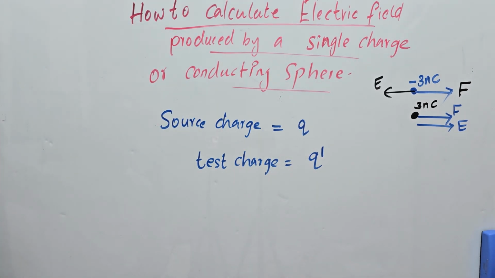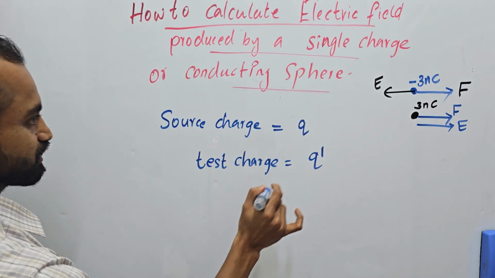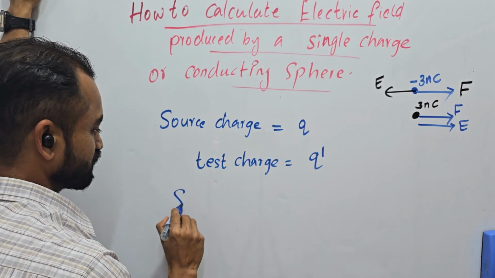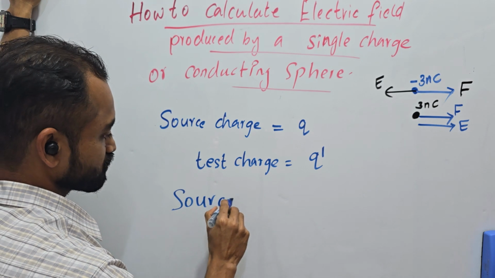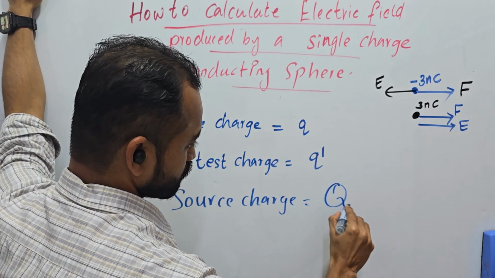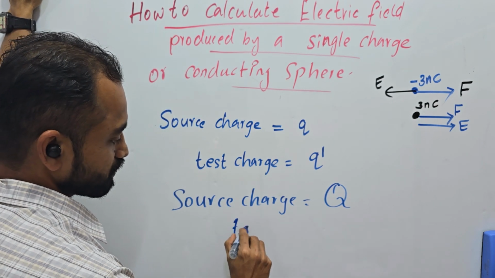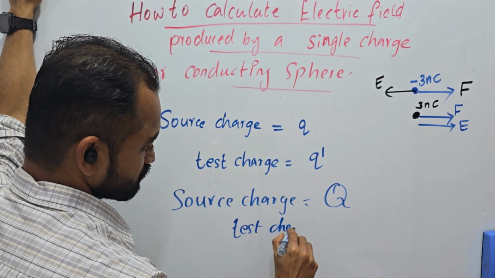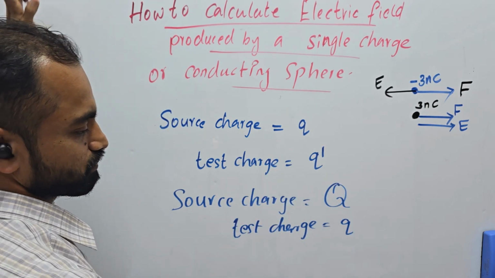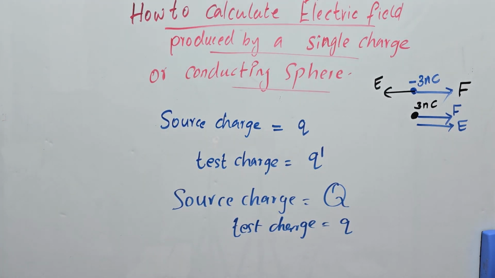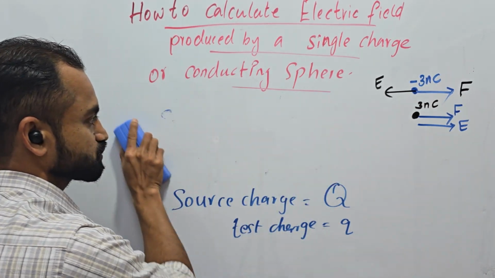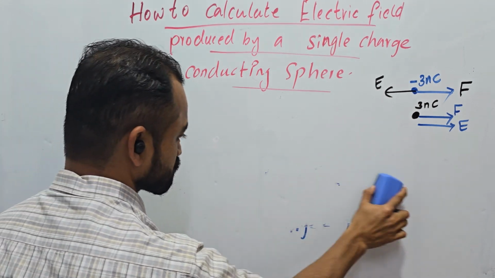I thought when I write like that you may feel confused and ask what this is. So in the worksheet, for the source charge I put capital Q, and for the test charge, instead of q dash, we wrote a small q. You can use either one. Usun, do you understand? The comma represents the test charge.